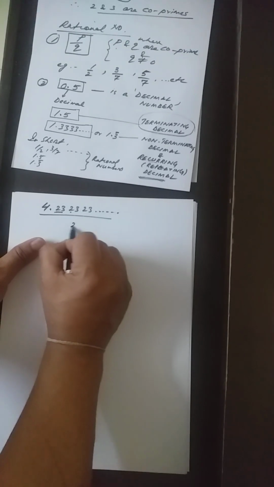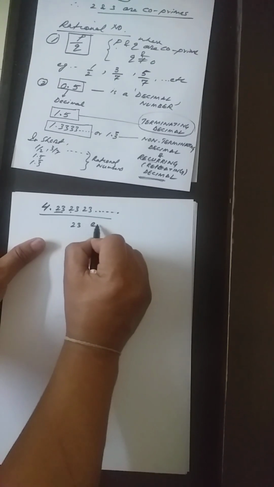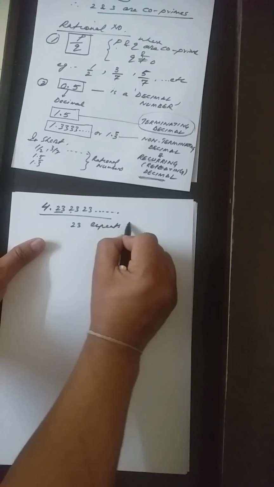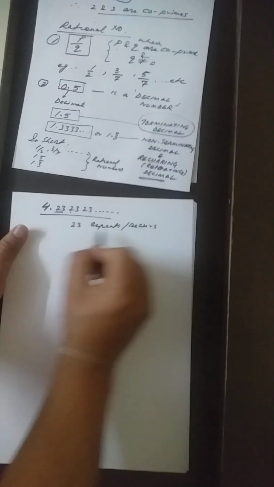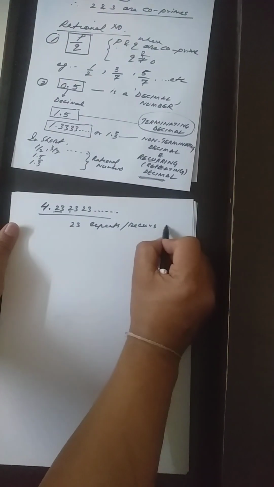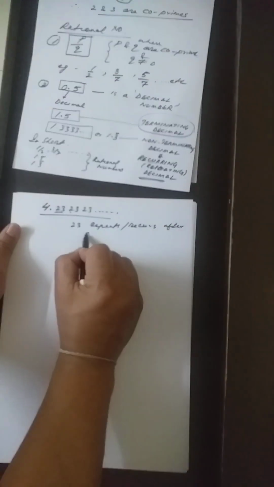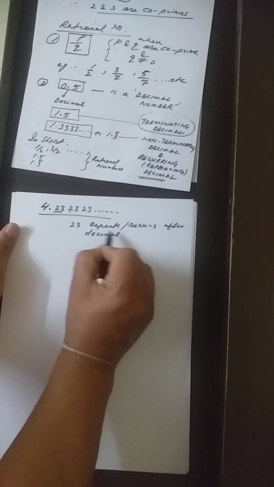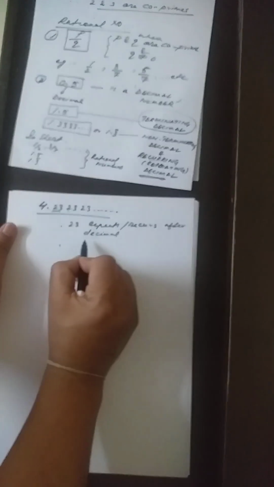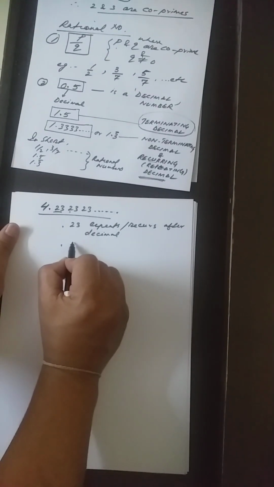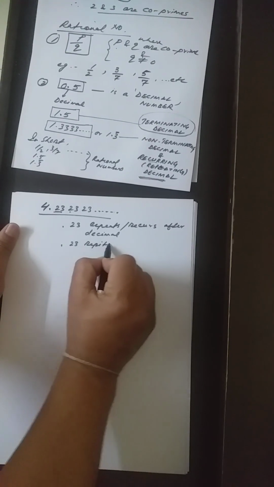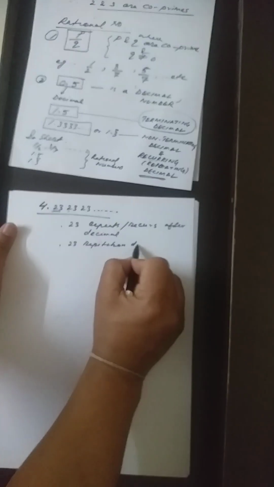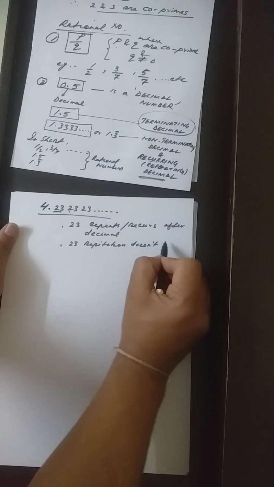So here 23 repeats or recurs after decimal. The repetition doesn't terminate.